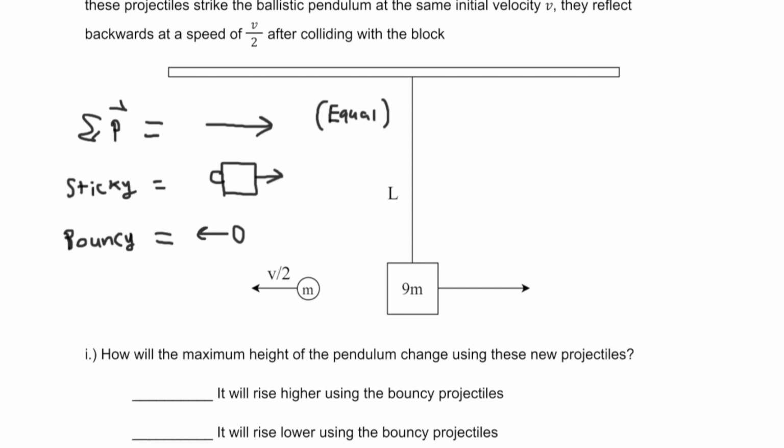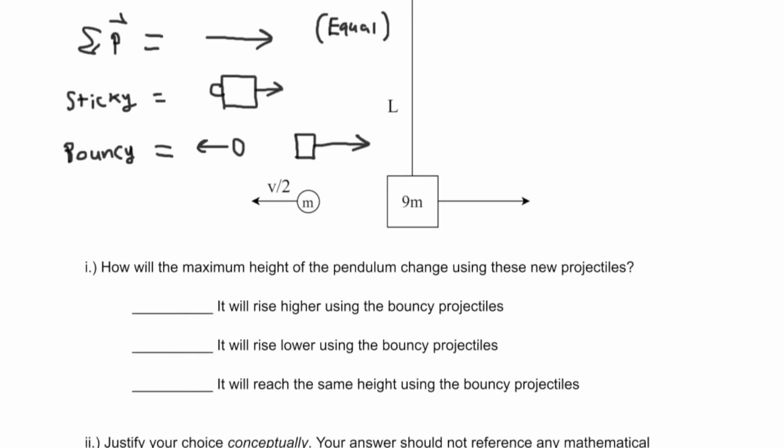So that actually introduces negative momentum into our system, which means that in order to compensate, because momentum has to be conserved, the crate must have more momentum in the second trial. And since the crate actually has less mass than it did in the sticky case, to get more momentum with less mass, your v has to go up. So thus, it's going to go higher.